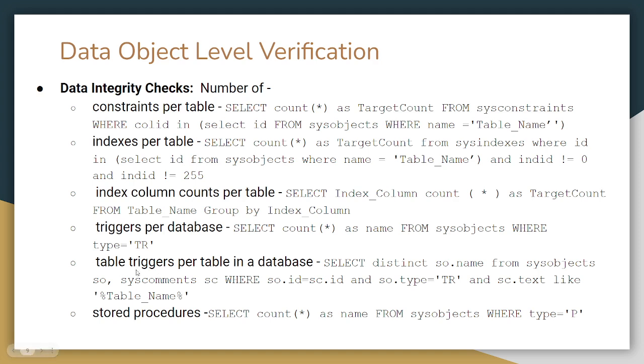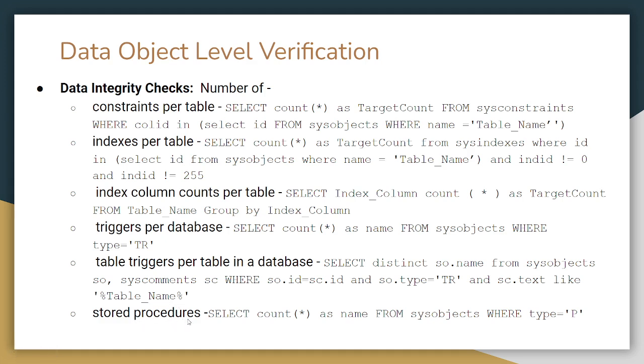There will also be triggers in terms of the number per table. Every table will have triggers, and every database will also have triggers. So you can use this query to get the number of triggers by putting the code as tr in the sys objects table, and also giving a condition on the table name.